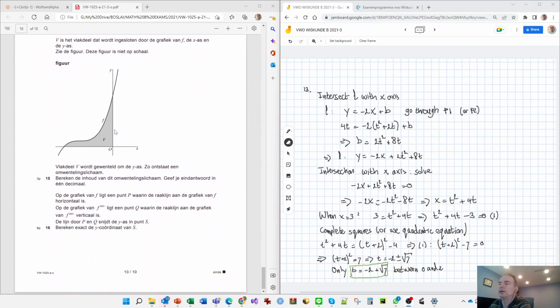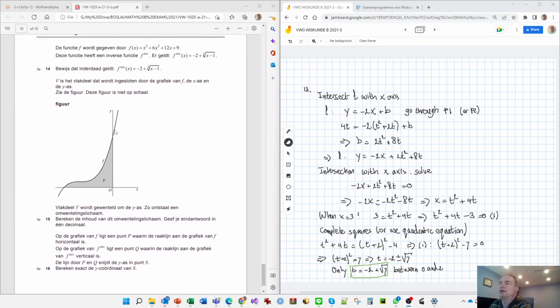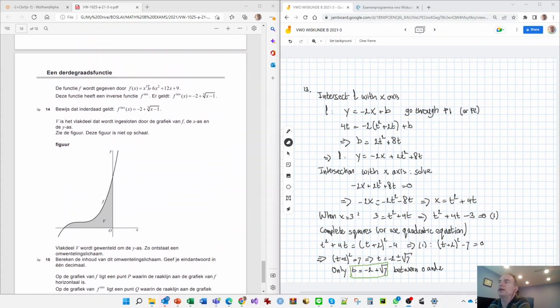Okay. Question 14. There we have this function here, and they say that it has an inverse given here, and then prove that.